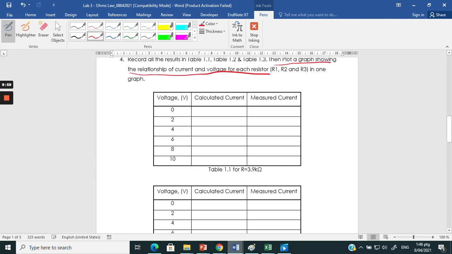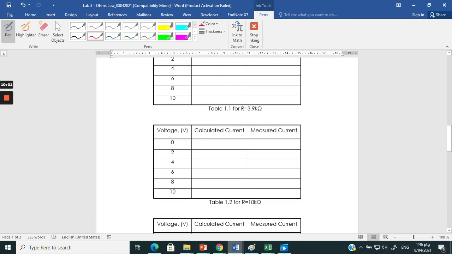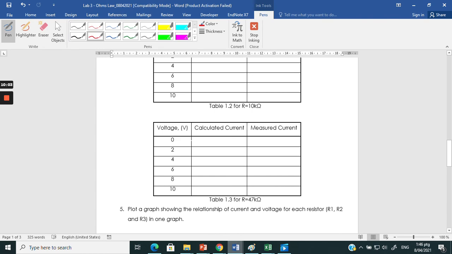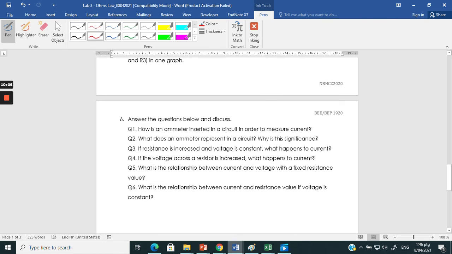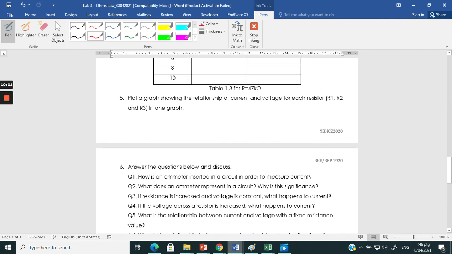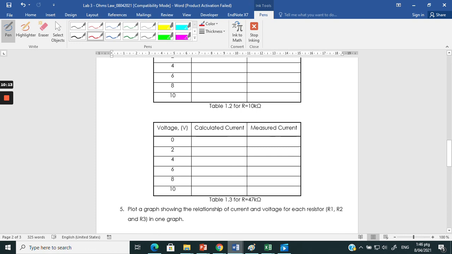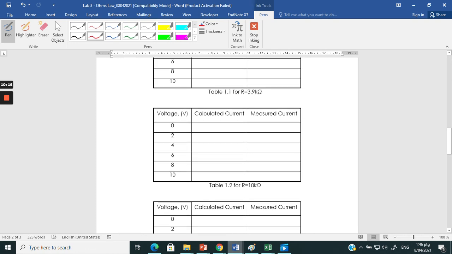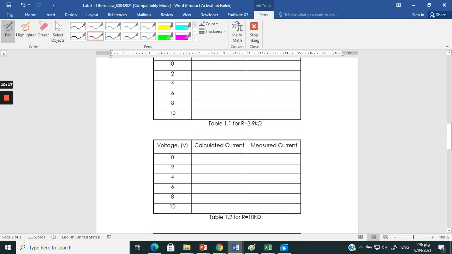Next is plot the graph. These three tables should be plotted in one graph. And then don't forget to answer the questions below and discuss all this. From here you can see which graph is on the top, which graph is on the bottom.